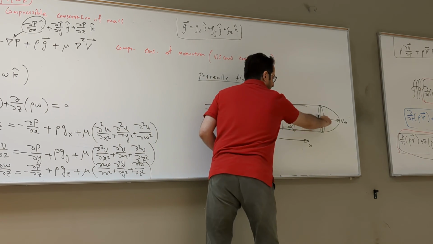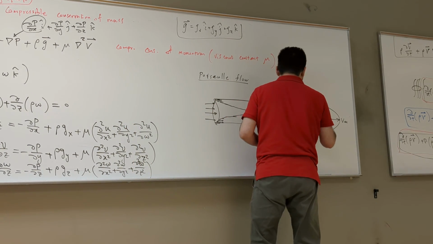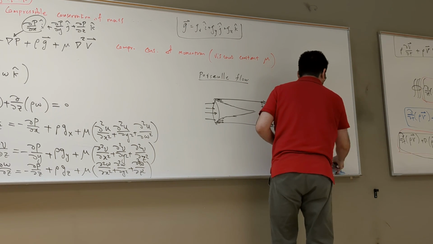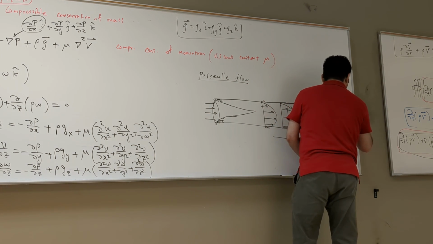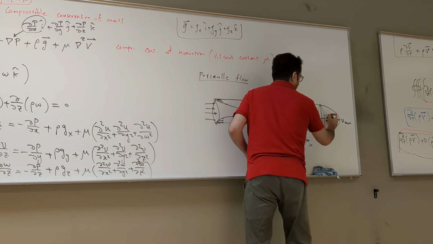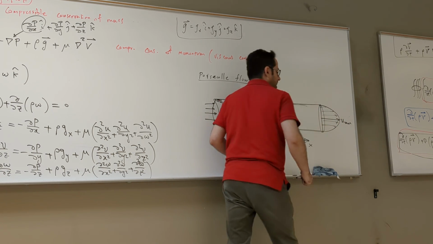Any derivative in x is 0, because the pattern is the same. So let's call it u max. You see the pattern: the center is max, and then it eventually goes to 0 at the wall.